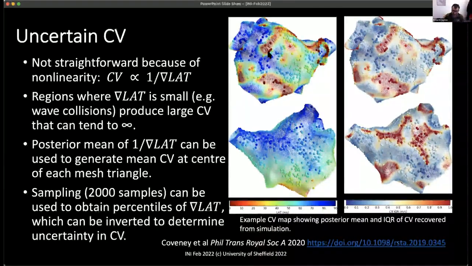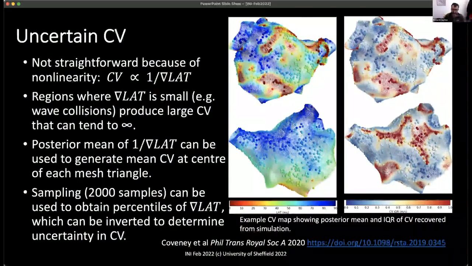But nevertheless, we can estimate the mean of the conduction velocity. And again, here on the left, we've got our estimate of the mean conduction velocity. And then we can estimate our variability. In this case, it's interquartile range, by sampling our posterior model of the conduction velocity.